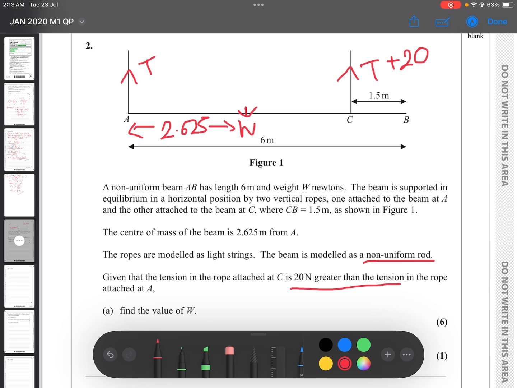Our question A states that find the value of W. Okay, so for the moment questions, there is one basic equation which everyone needs to know, that is that the total upward forces, over here the upward forces are this T plus 20 and this tension, are equal to the downward force. The downward force over here is only W. So let's make an equation out of this.